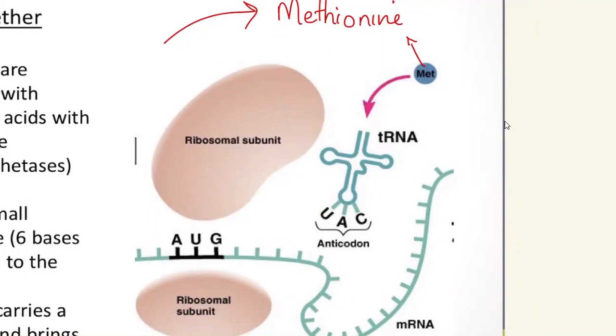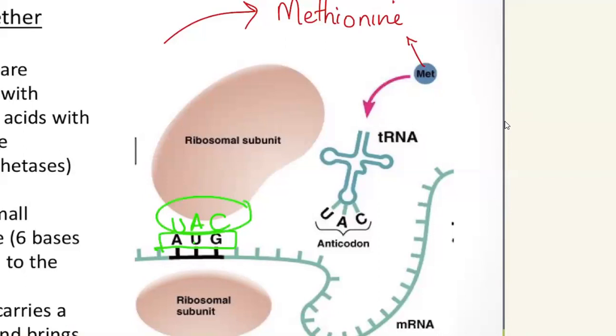Now what is the way to remember this? What I tell my students is schools open in August. AUG, August. If you remember August, then make its complement, because this is RNA and this is also RNA, so you will make the complement. With A you make U, again with U you make A, and with G you make C. So if you remember AUG, it's very easy to remember UAC.